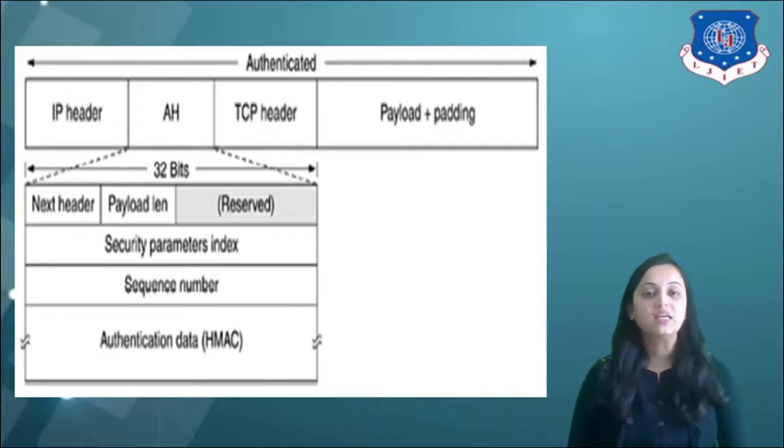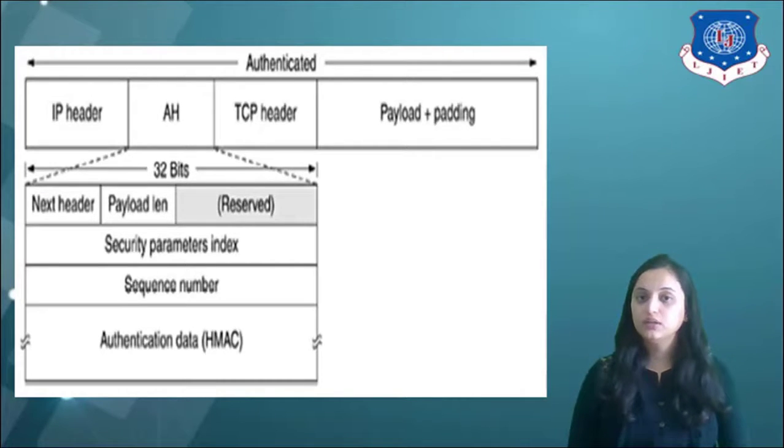A scheme like this is called HMAC, that is Hashed Message Authentication Code. It is much faster to compute than first running SHA-1 and then running RSA on the result. The authentication header does not allow encryption of the data, so it is mostly useful when integrity checking is needed, but secrecy is not needed.